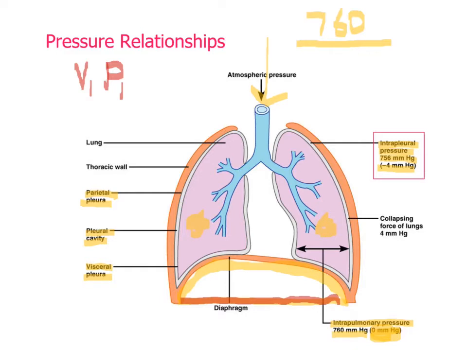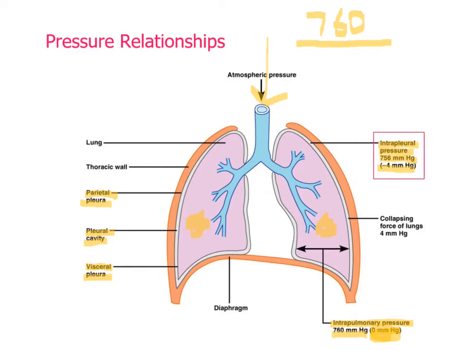Now the opposite effect will happen when the person breathes out. They passively relax the muscles, the diaphragm and the external intercostal muscles, and the diaphragm pops up and the rib cage drops down, and the pressure inside the intrapleural space is still below the intrapulmonary, but is increased.